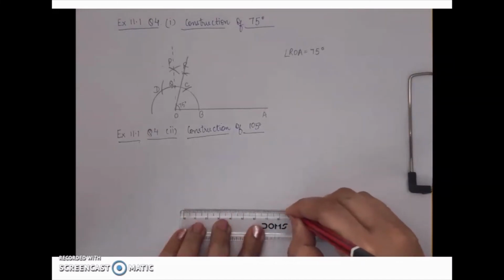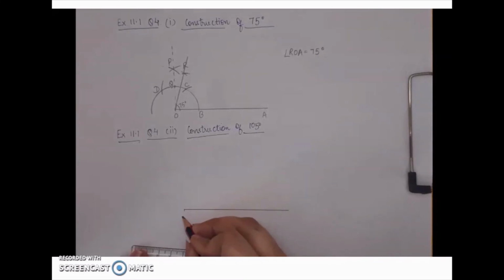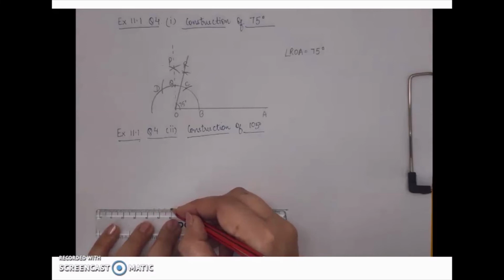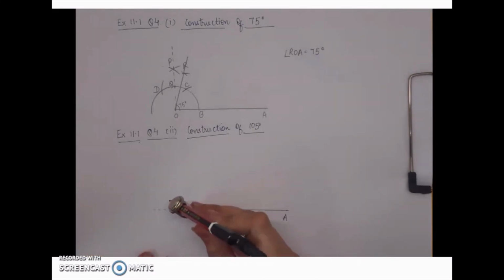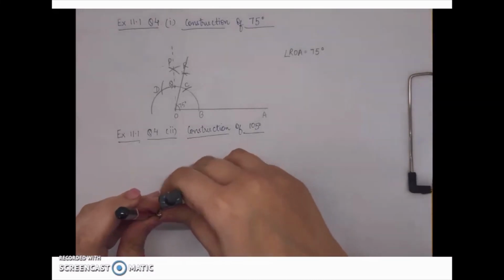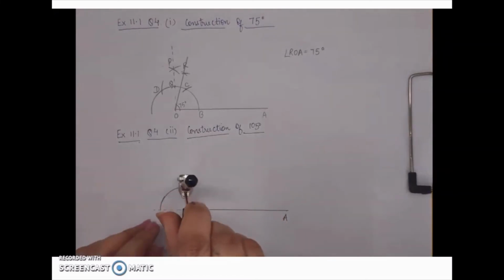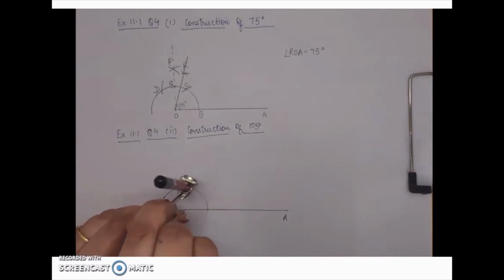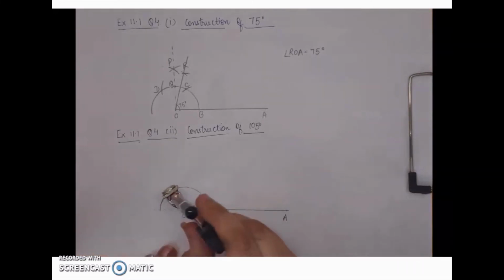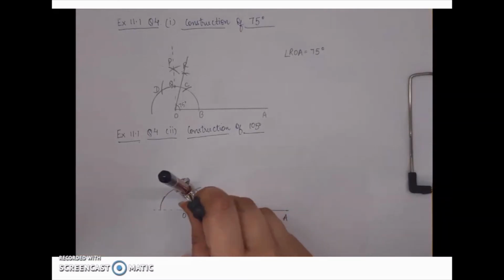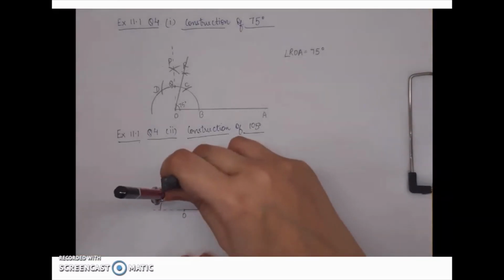So again, first draw any base line, that is OA. This is the base line. Now extend it little on the other side also. Then with O as the center, draw a semicircle. Take any radius and draw a semicircle. Then without changing the radius, you will be cutting two arcs.